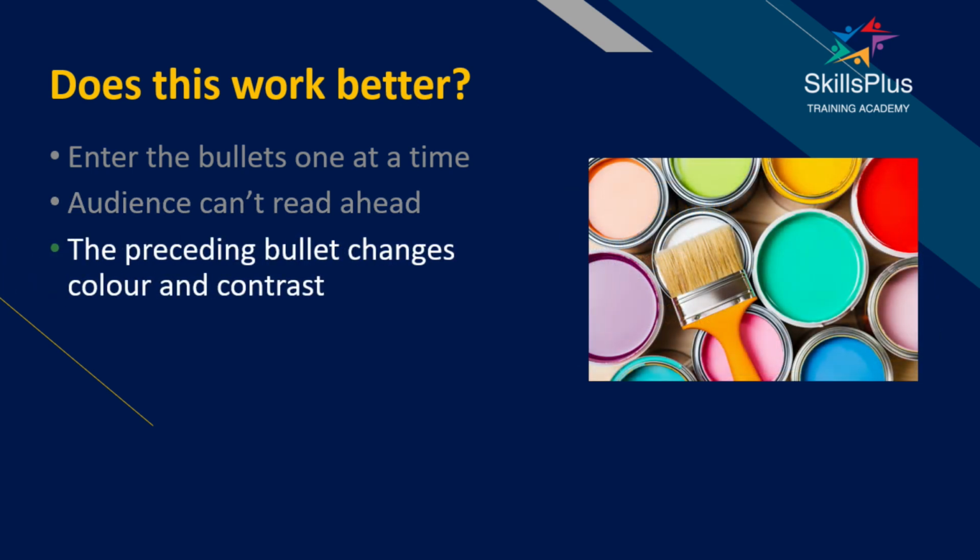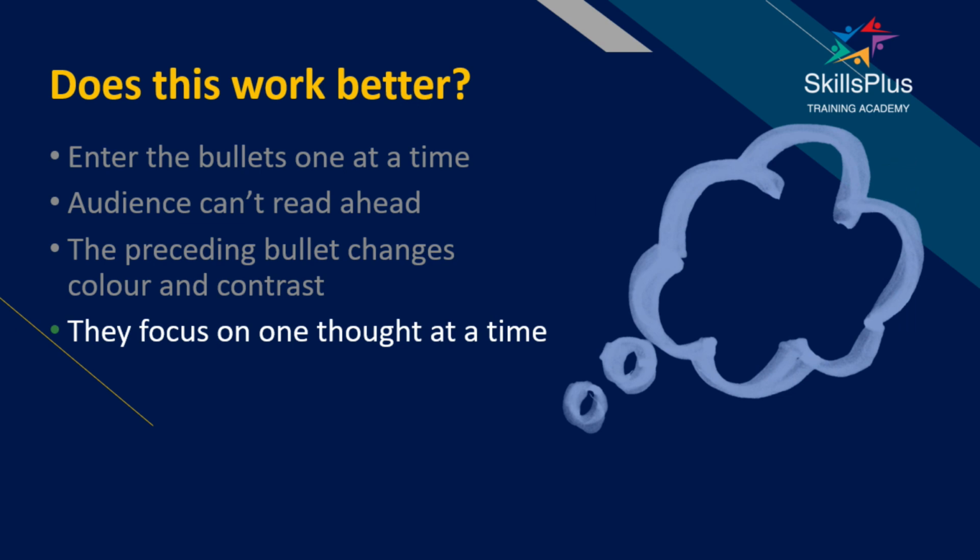And you'll notice in this presentation that the preceding bullet is changing color to give the new bullet more visibility. There's contrast between the old bullets and the new bullets. The old bullets are sort of fading into the background. So your eye is drawn to the new bullet with higher contrast.